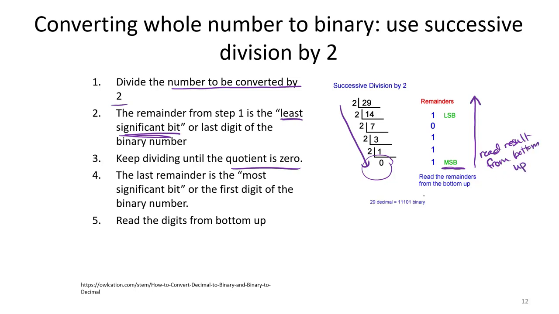So in this case, you would see that the number 29 becomes 11101.